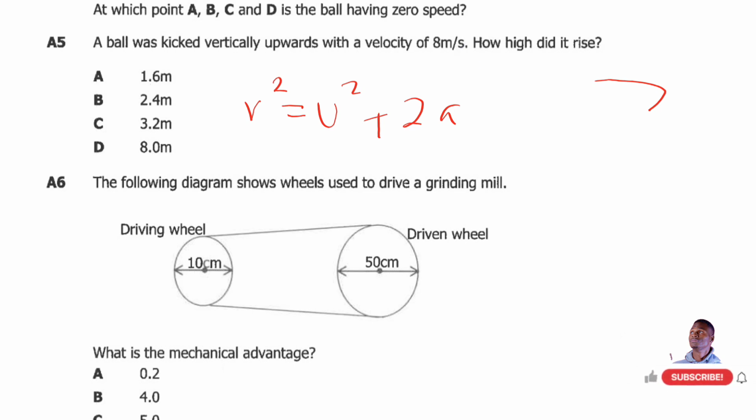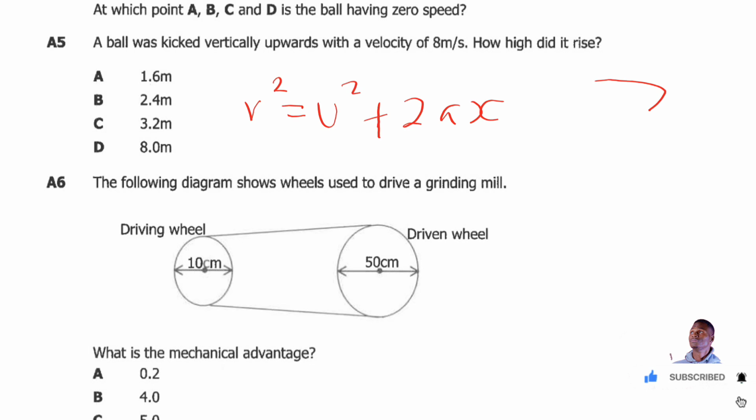Let me just use x here, where x is the distance we want to calculate. We can solve for x, or we just substitute in the equation and we'll find the answer.